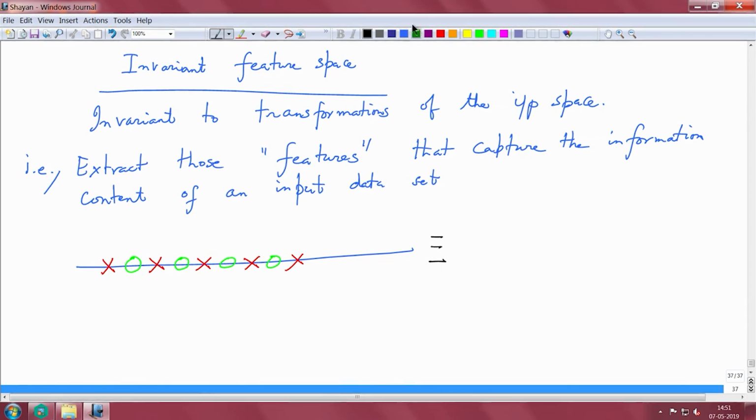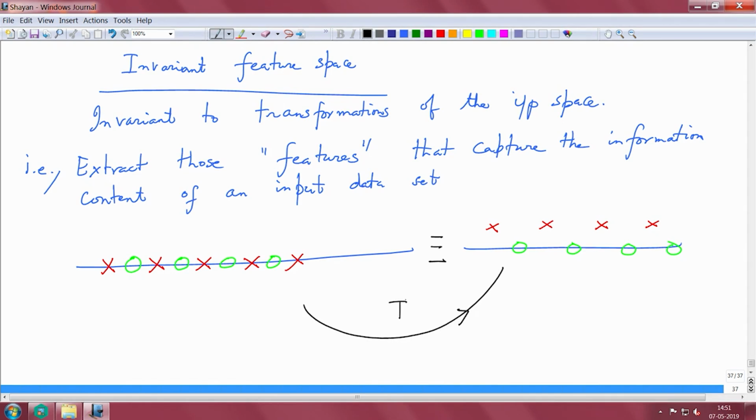So, putting this in a more concrete way, I leave the circles the way they are and I take these crosses and I just lift them up vertically, right. Let us imagine that there is a transformation that can take data points on a line to something possibly on a plane, right.